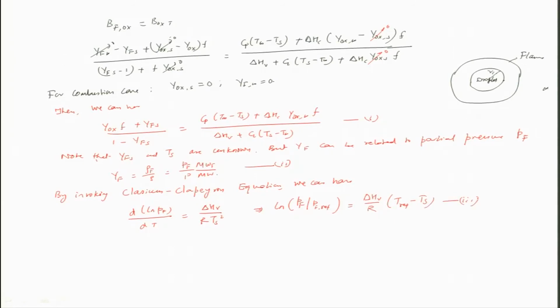So, all these 3 equations can be solved because 3 are unknown, and therefore you can get those things very easily. What are the unknowns here? Unknowns are Pf, the partial pressure, and Ts, and then Y_F,S. So, by solving all these 3 equations, I, 2 and 3, they can be obtained.